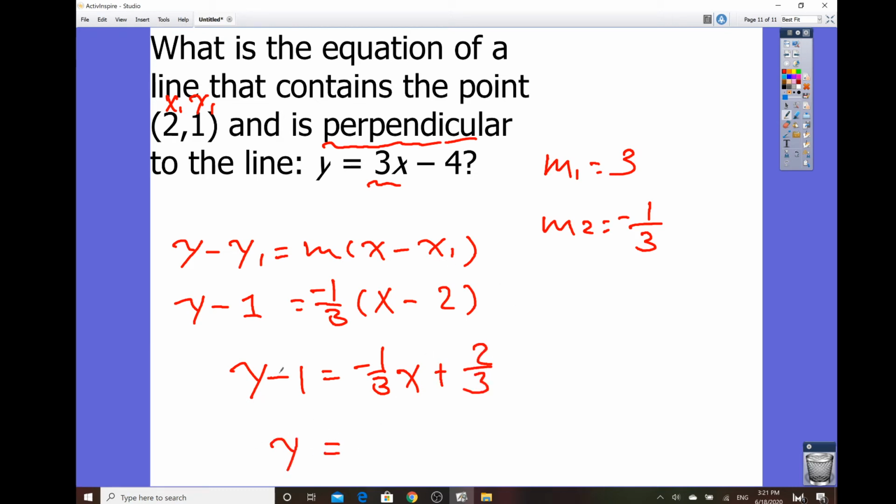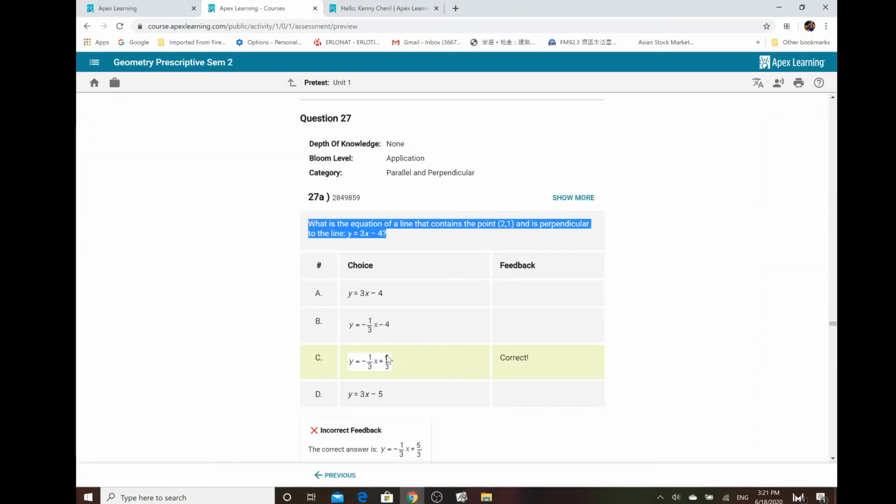Add 1 to both sides, because I want to convert that to slope-intercept form. So you have negative 1/3 x, and 1 is like 3 over 3, so 2/3 plus 3/3 gives 5 over 3. Going back to the selection, what we found here is C.